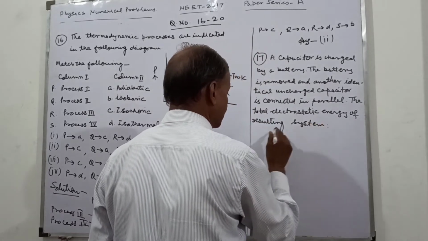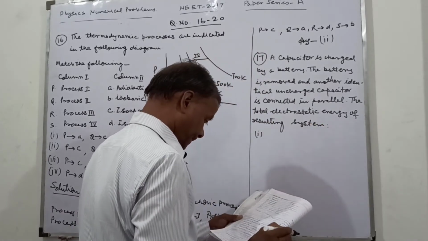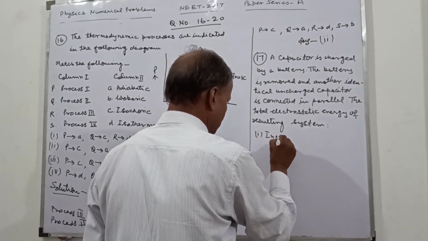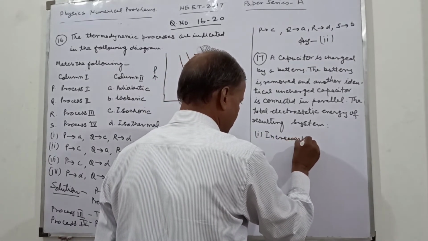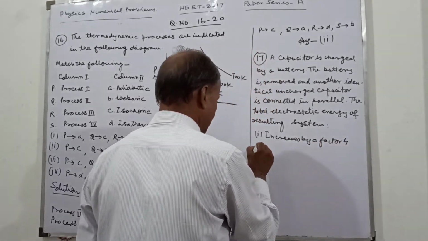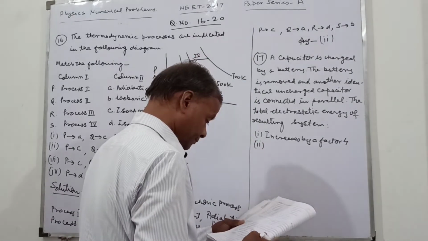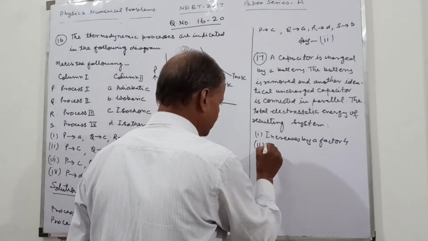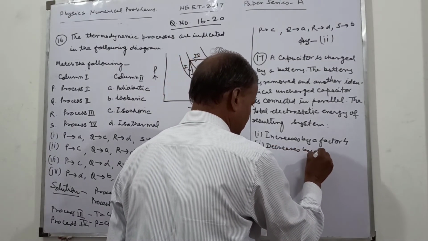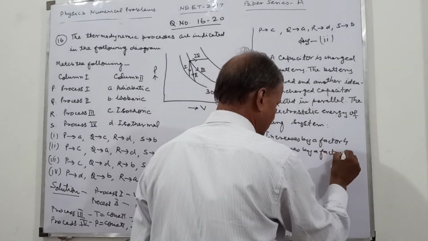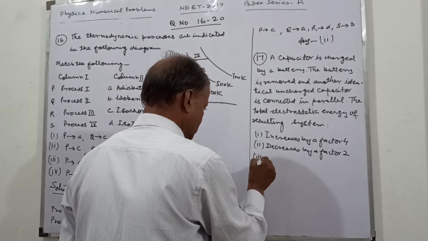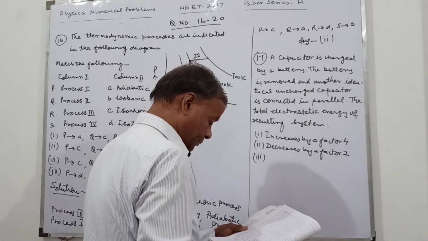Now the options. First, increases by a factor of 4. Second, decreases by a factor of 2. Third, remains the same.